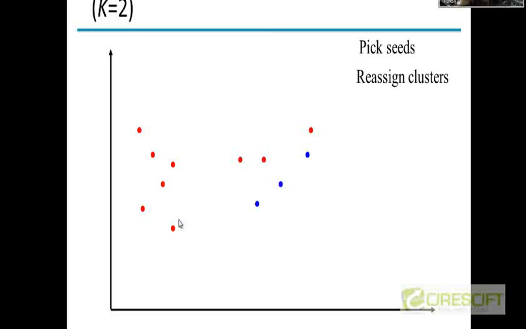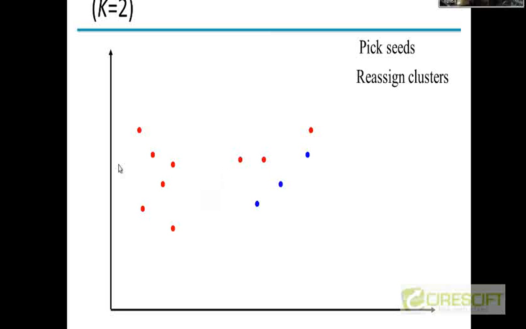So you can see that all the points that were closer to the red seed have been colored red, and all the points that are closer to the blue seed have been colored blue. So this is the initial random cluster that we start off with, and we are going to refine these two clusters so that at the end we have two meaningful clusters.